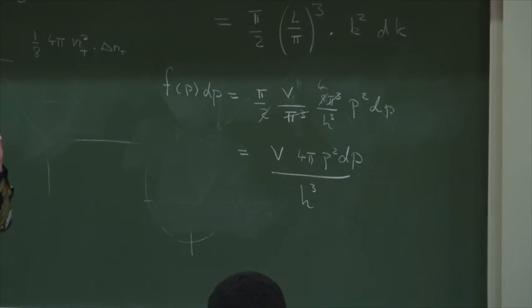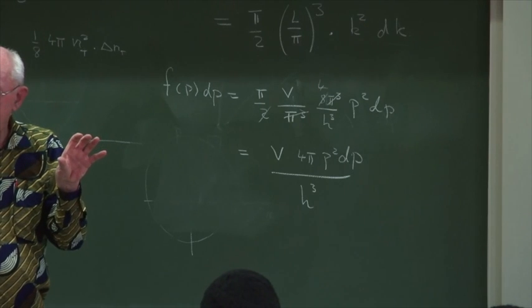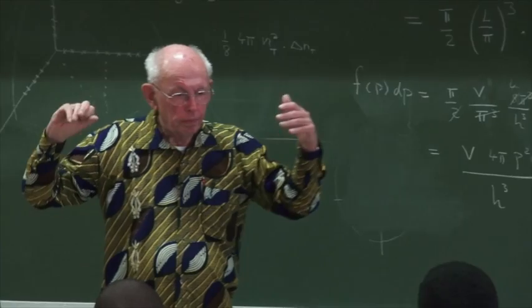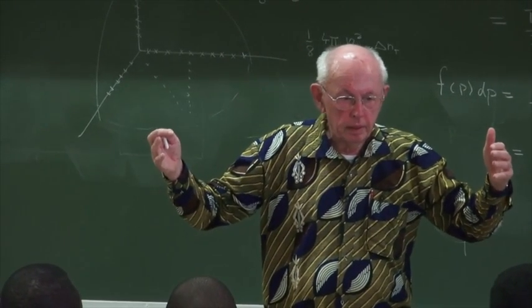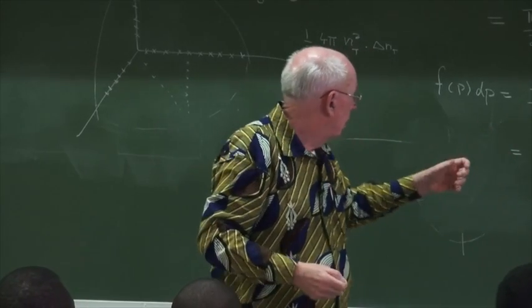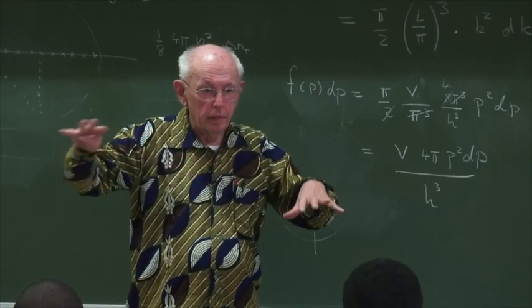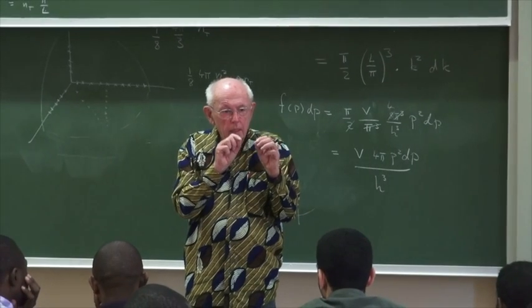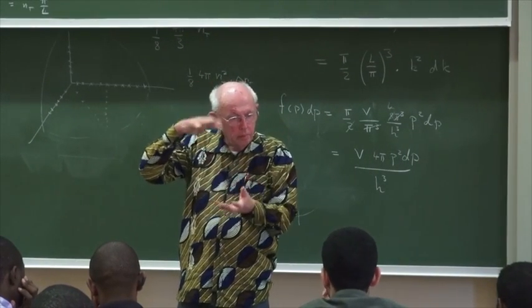And so what you see is in our phase space, which is a space of p and x, what is the volume of this phase space we're looking at? It is the volume in the x direction, and we're looking at the volume in the p direction.